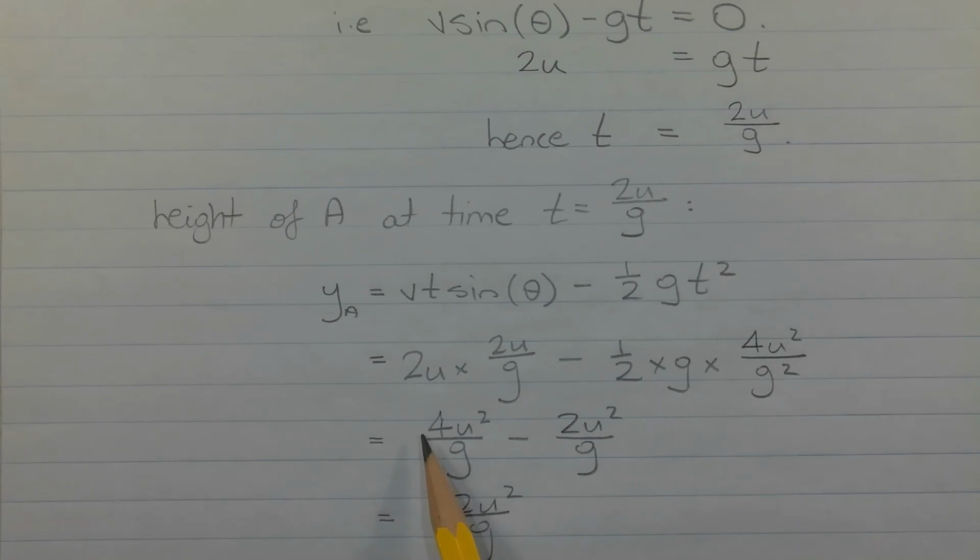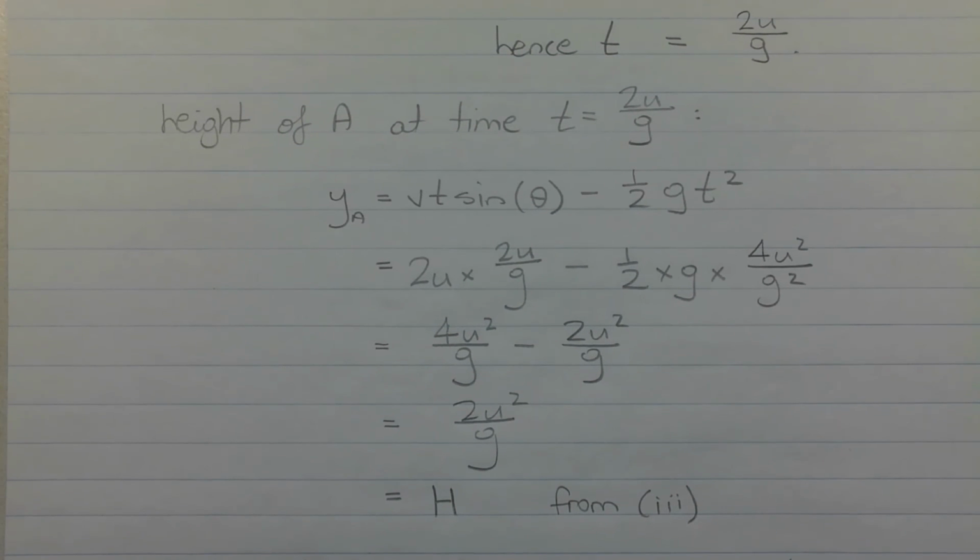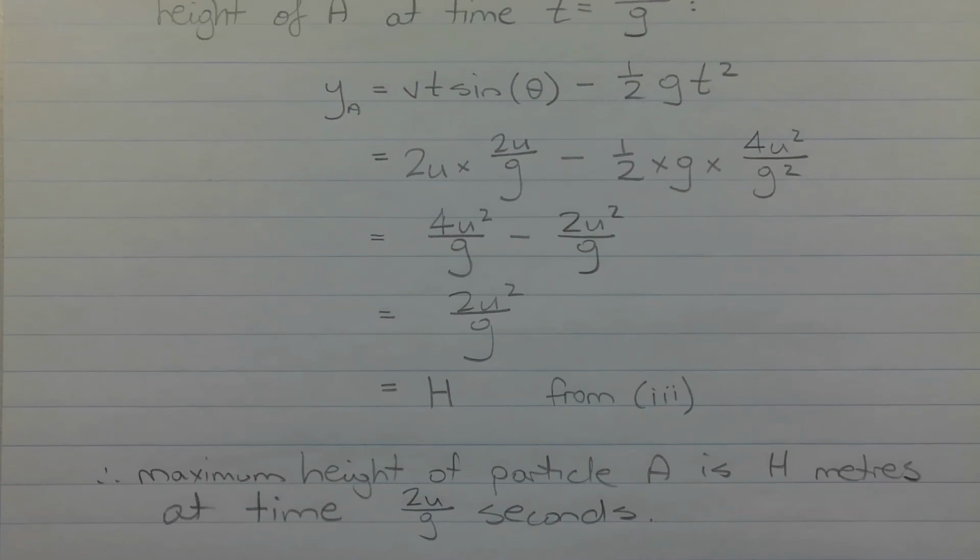And that equals 4u squared over g minus 2u squared over g, which simplifies to 2u squared over g, which equals capital H from part 3. Therefore, the maximum height of particle A is capital H meters at time 2u over g seconds.